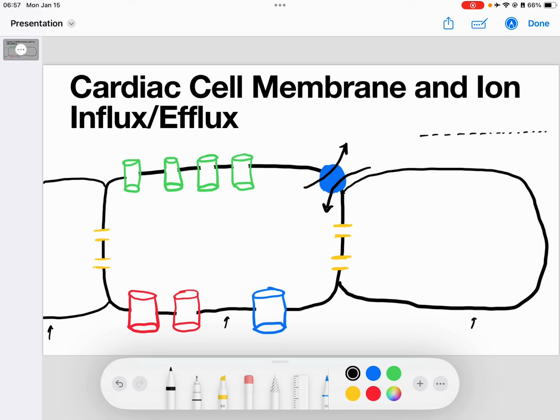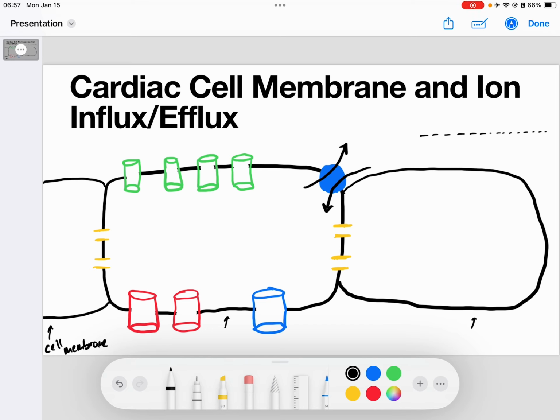The first thing I want to talk about is this cell membrane in black. The cell membrane is a phospholipid membrane that is not permeable to ions. So these ions that are coming in and out of the cell can't just pass through it. They have these specialized proteins that I've drawn here in either green, red, or blue.